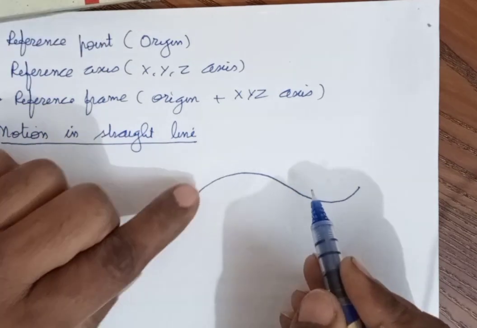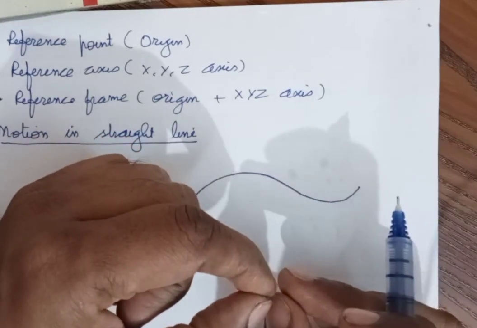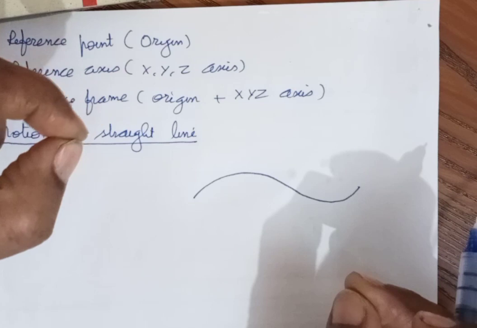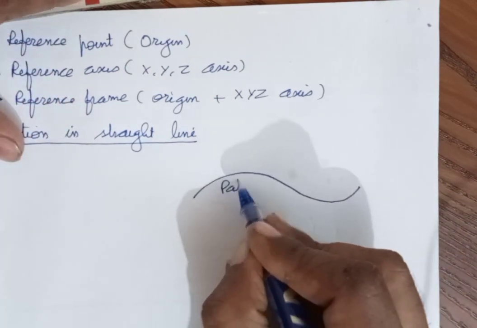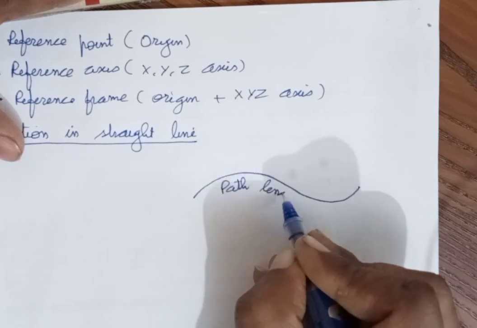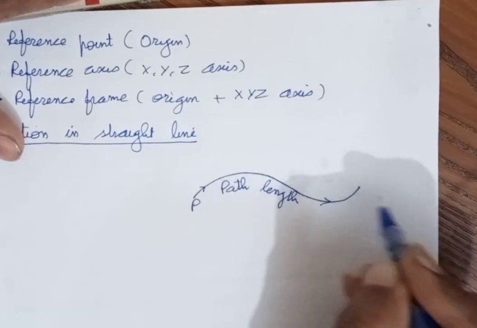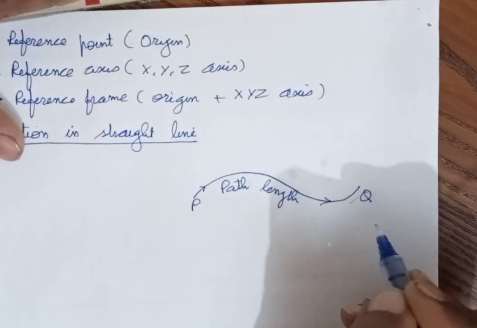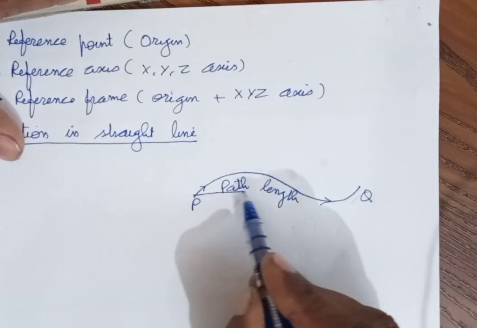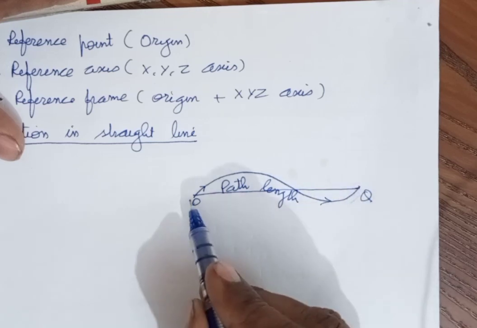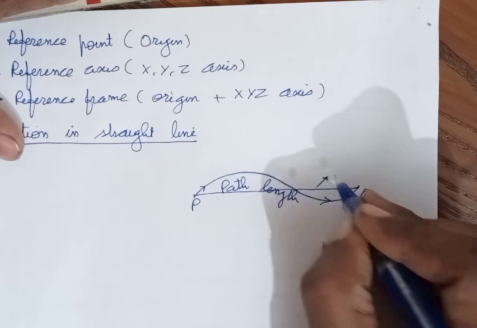Just keep on laying a thread on it and keep it tight. So when you keep it tight, the total length is the path length. Whatever path length, the total distance covered by an object on moving from initial point to final point, total length. However, that object has only covered this much distance. So this is the displacement, the minimum distance between P and Q.